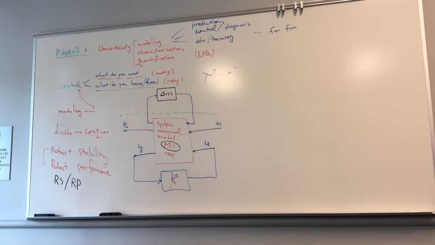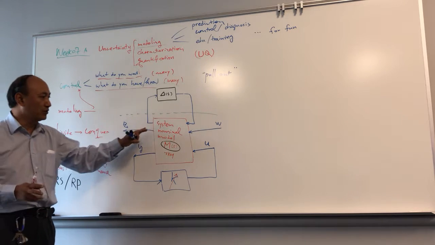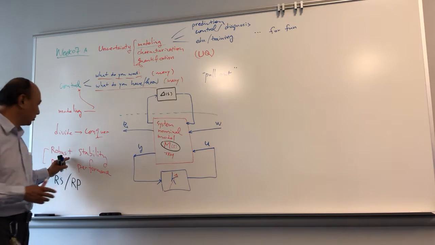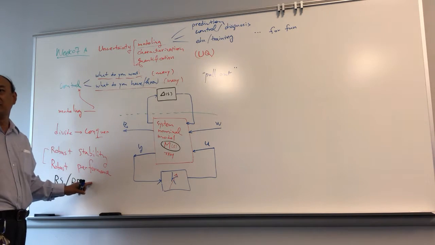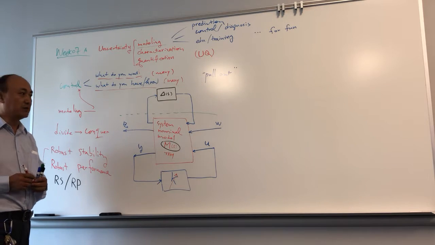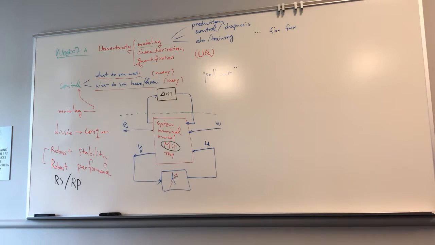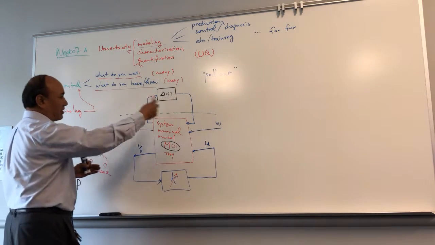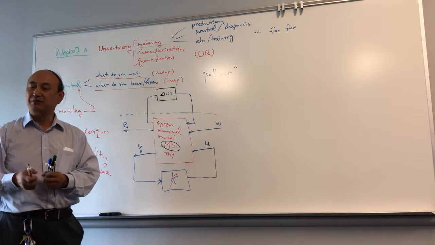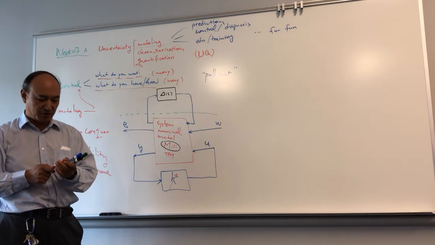So I would like to say today, if you do control research without discussing robust stability and robust performance issues, then you should not publish it. So it's not publishable. You have to talk about this. So this picture is the overarching system picture of robust and optimal control.